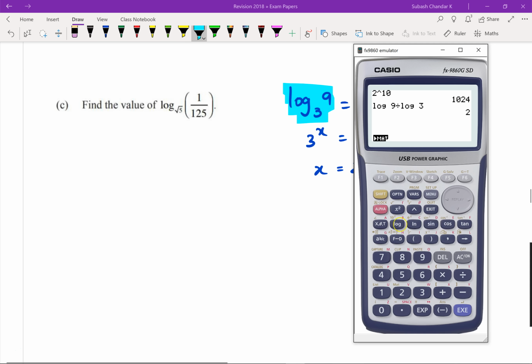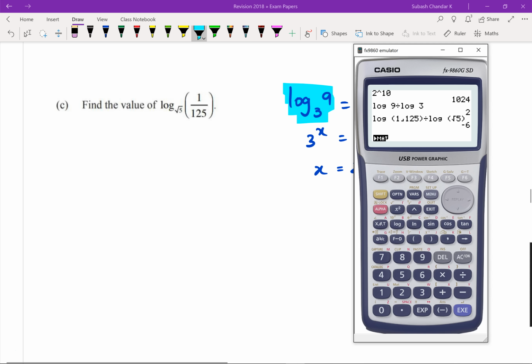What you could do is go log of 1 over 125 divided by log of square root of 5. So the answer is actually -6. And you could directly put -6.